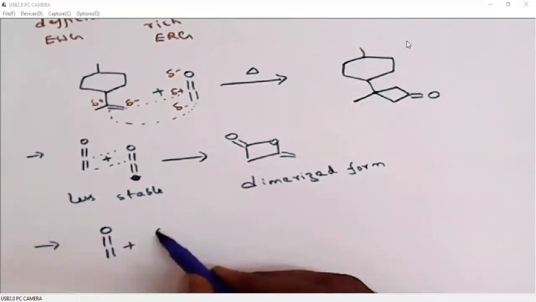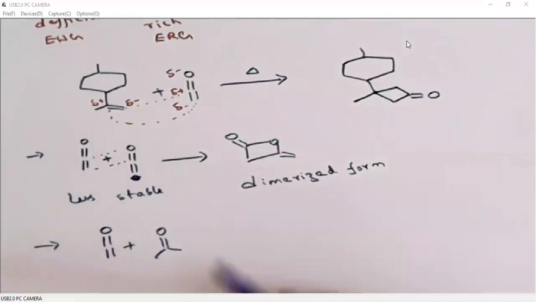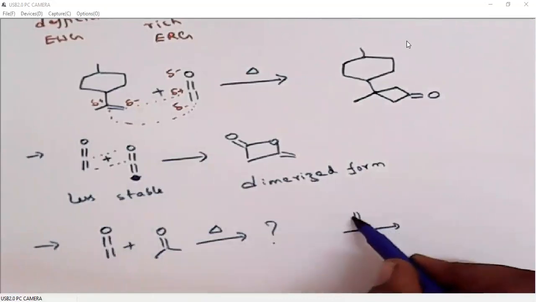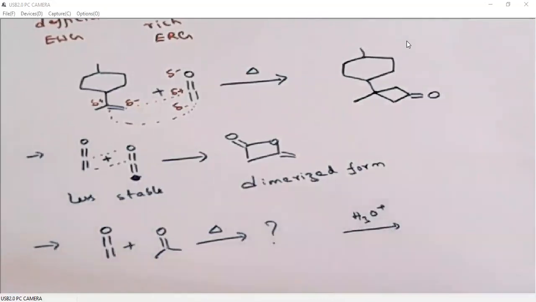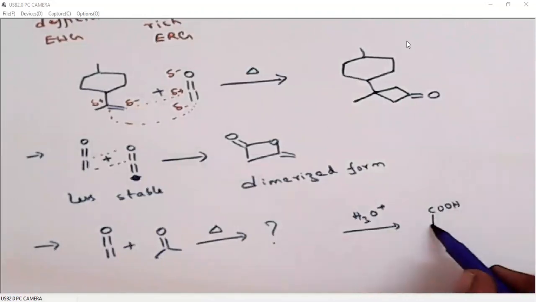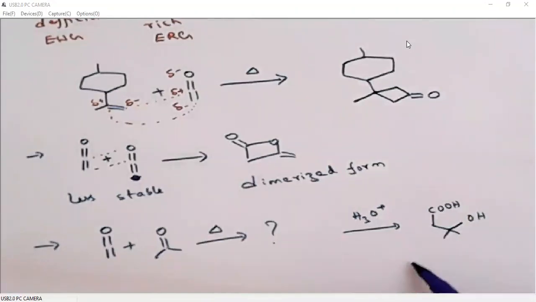So in this case, what is the product here? And when we hydrolyze this, it generates a carboxylic acid which has a beta hydroxy functional group.